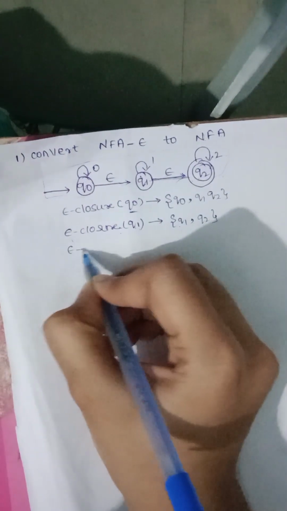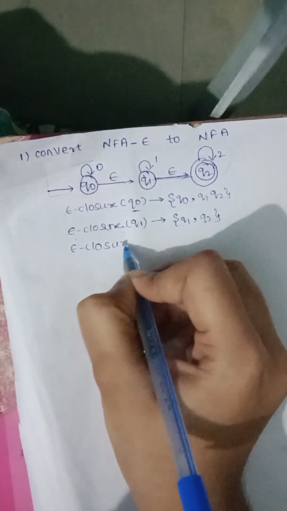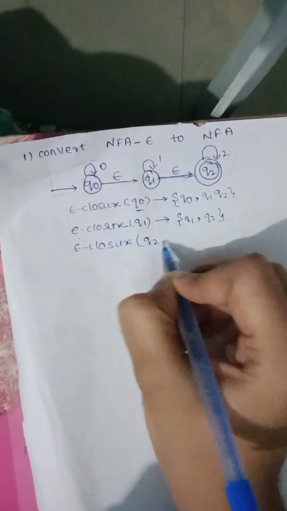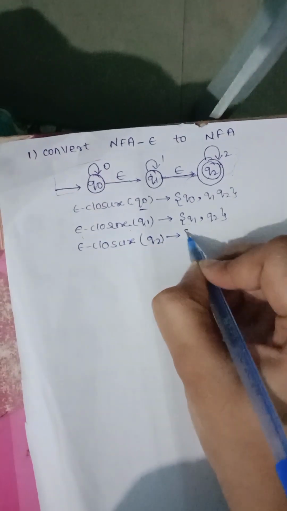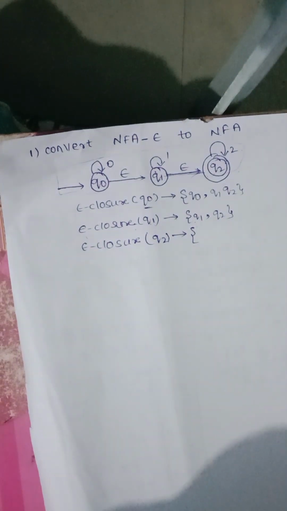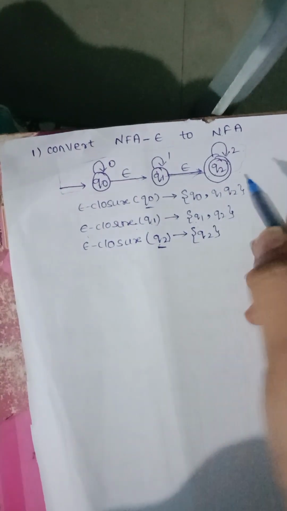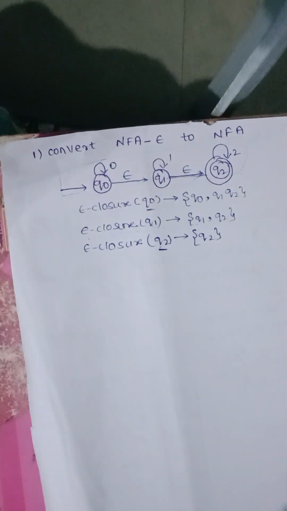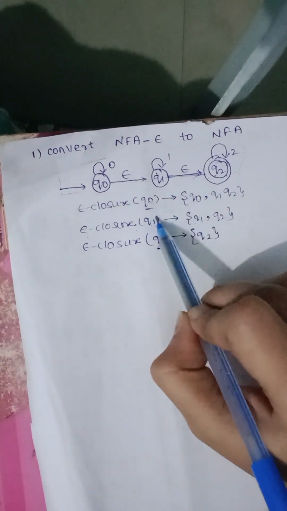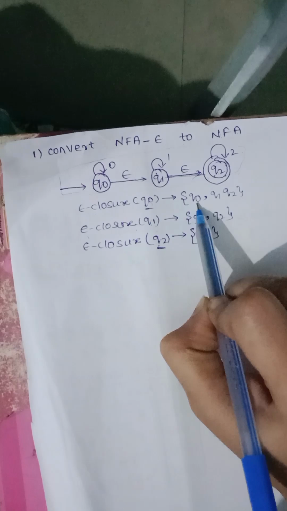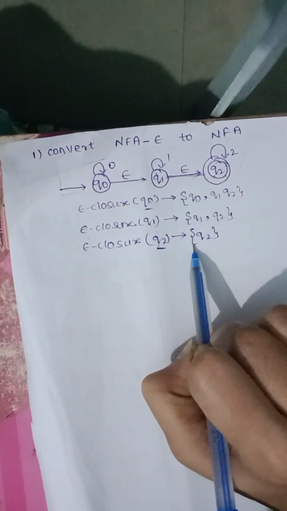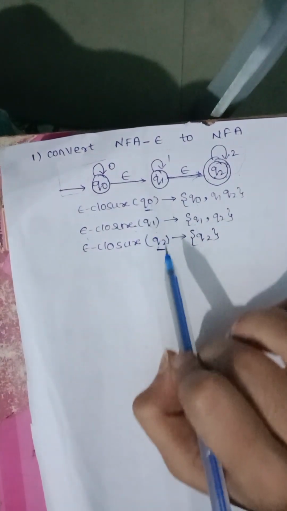For epsilon closure of Q2, is there any epsilon transition? No, so we just write Q2. There is no transition, but we write Q2 only. This is the epsilon closure for every state.